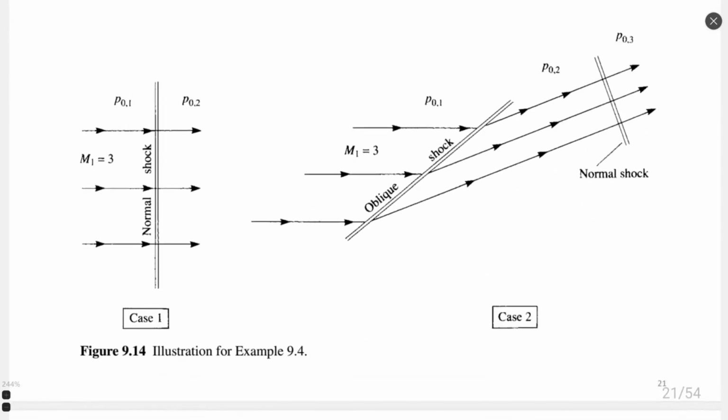Okay, from this example here, we will start our next class. I will show you a comparison between calculation of normal and oblique shock wave. And we will define, from the point of view of efficiency, which type is better.